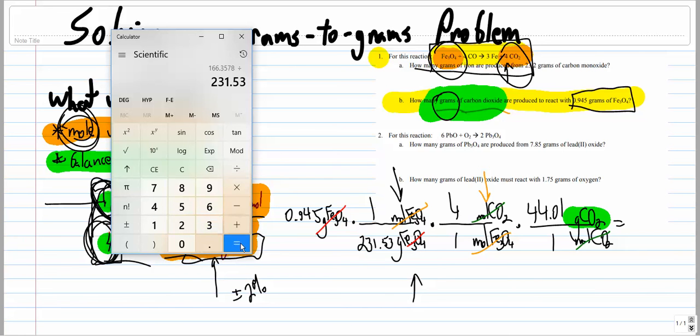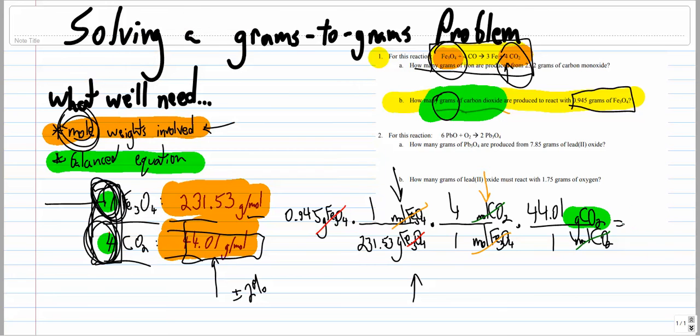And I wind up getting 0.7185. I'm only going to go out a couple decimal places here, and I'm going to have 0.72. So my answer is 0.72 what? Grams of CO2. And there you go.